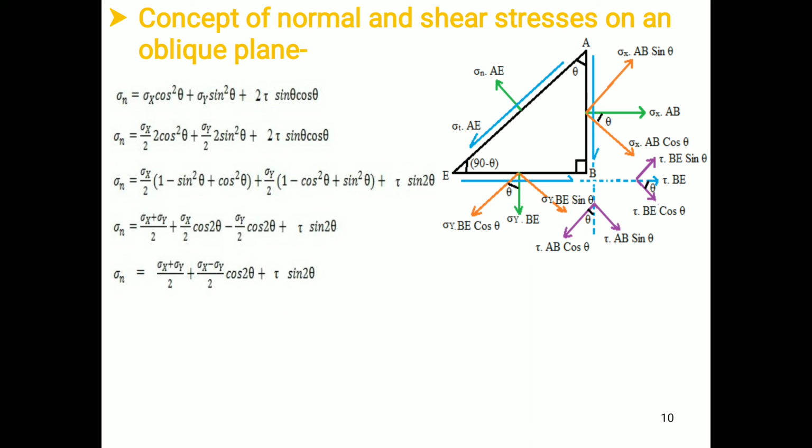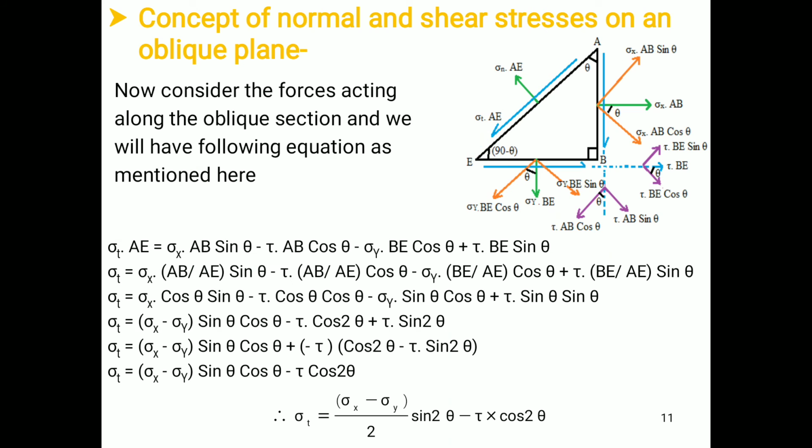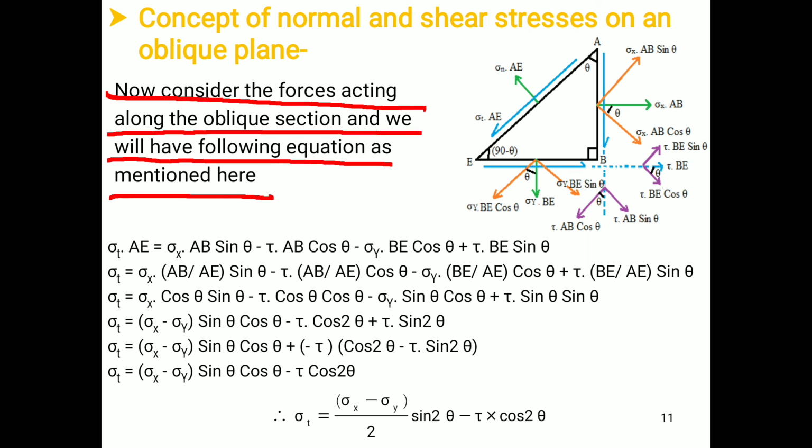Now we are going to find out the value of sigma t, that is the shear stress which is acting on the oblique plane. Now consider the forces which are acting along the oblique section, and we will have the following equation as mentioned here. We have to consider the algebraic sum of all the forces acting tangentially along the oblique plane.